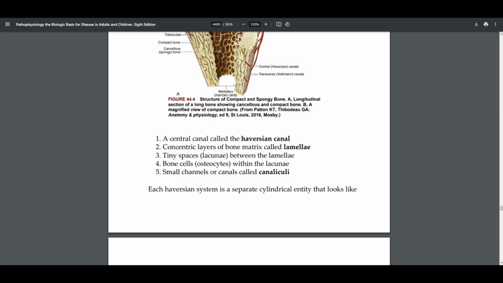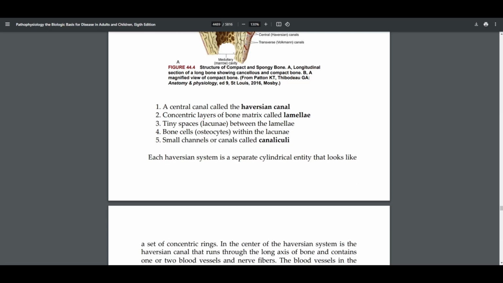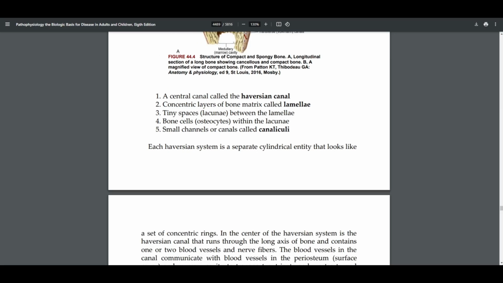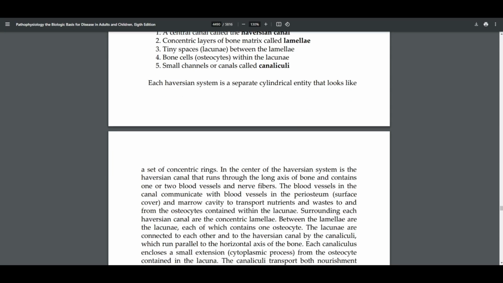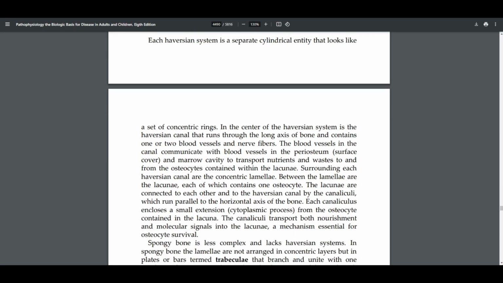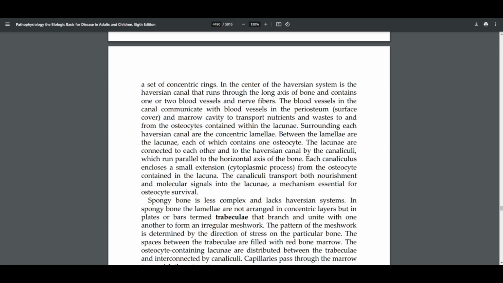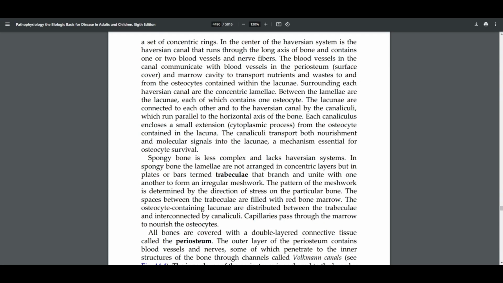Each Haversian system is a separate cylindrical entity that looks like a set of concentric rings. In the center of the Haversian system is the Haversian canal that runs through the long axis of bone and contains one or two blood vessels and nerve fibers.